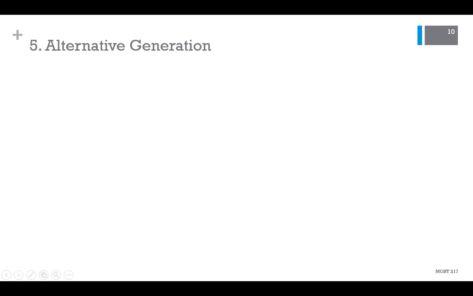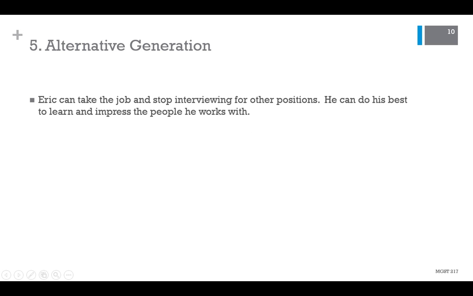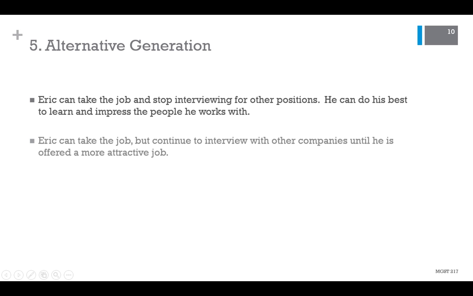So step number 5 is the alternative generation. So let's take a look. What are the different alternatives that Eric has as part of this case? Well, Eric can take the job and he can stop interviewing for other positions. He can do his best to learn and impress the people he works with and really give it a full effort. Another alternative is that Eric could say, sure, I'll take the job.